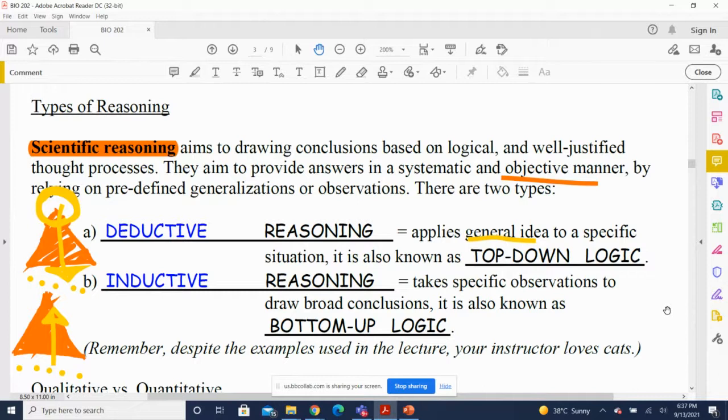So that's the difference between deductive and inductive reasoning. I did have a few different examples that we looked at during the class. If you're still a little unclear on that, maybe jumping to those class videos to review deductive and inductive reasoning might come in handy.